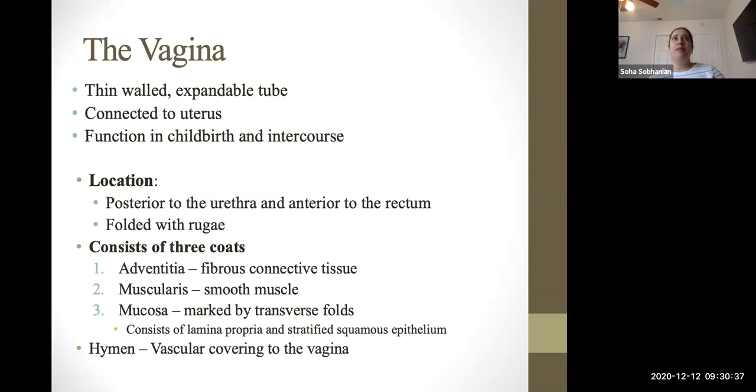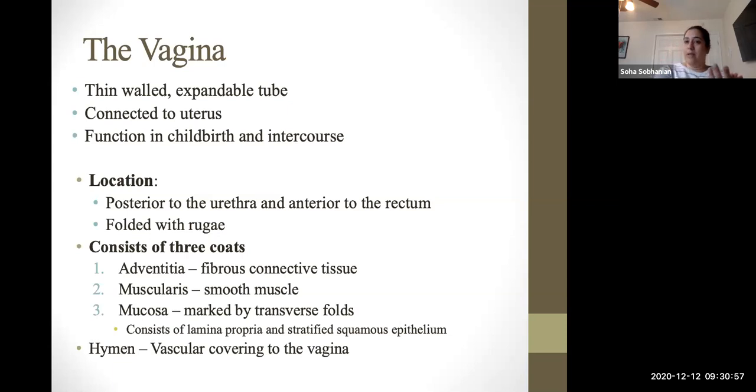So remember when we talked about the bulbourethral and prostate glands? Both of these basically contain basic solutions that help the sperm survive through the acidic environment of the vagina.